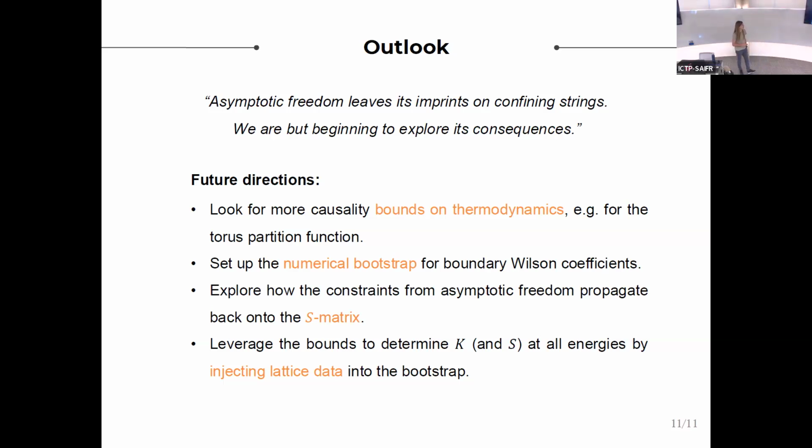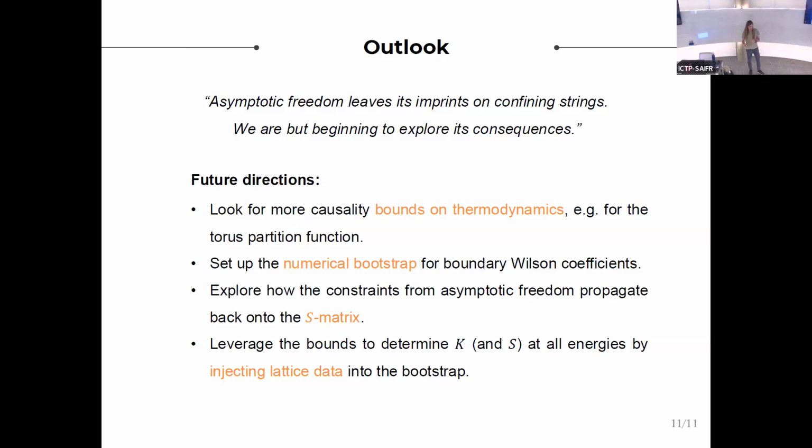And a final future direction is to use this type of bounds, which have the partition function on one side, or the ground state energy on one side, and the S matrix or K matrix on the right hand side. This formula could be very useful to inject lattice data. You see, in the lattice they directly measure these ground state energies, and then they extract these Wilson coefficients by making some fits that are a bit complicated.